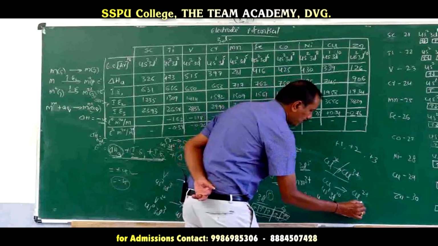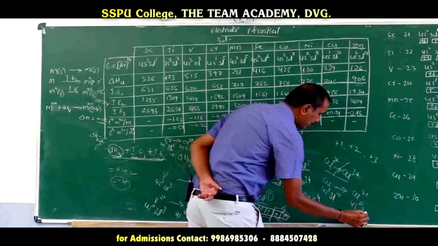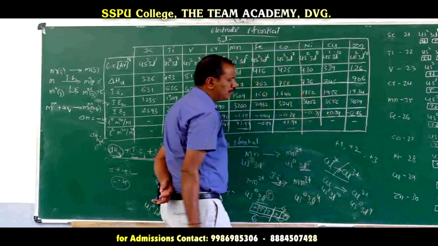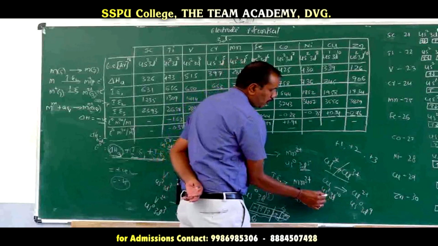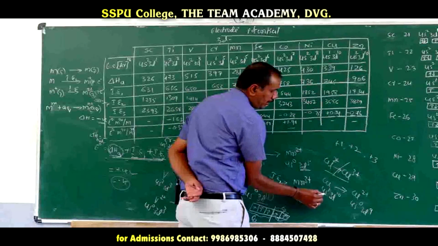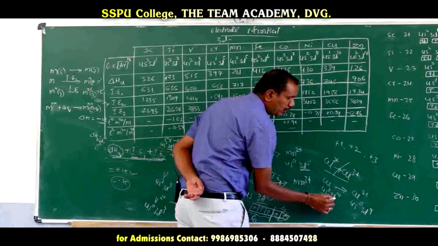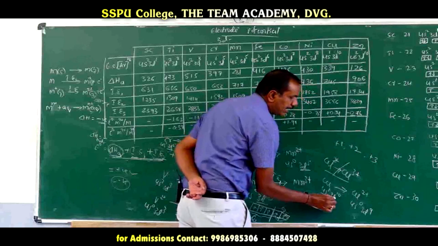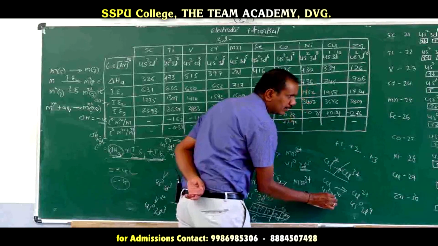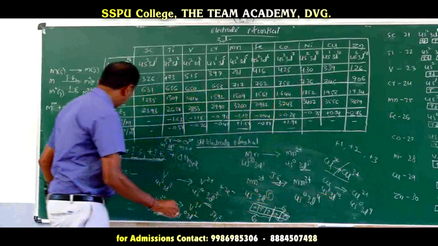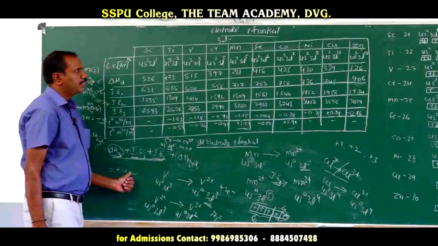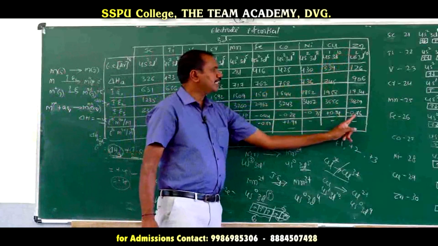Cu2+ means 4s0 3d9. After losing one electron from 4s, it should lose one more electron from d, meaning IE2 value should be very high, delta H of hydration is less, then automatically the answer is positive. But in case of Zn, we get a negative value.